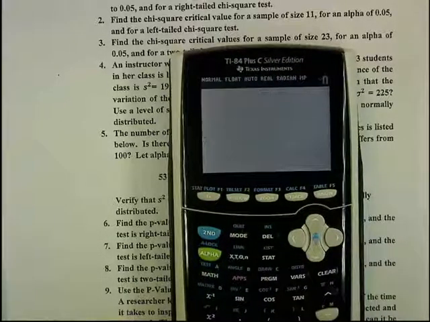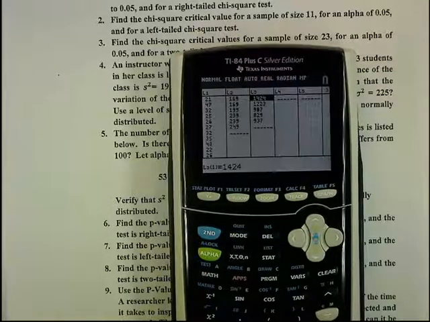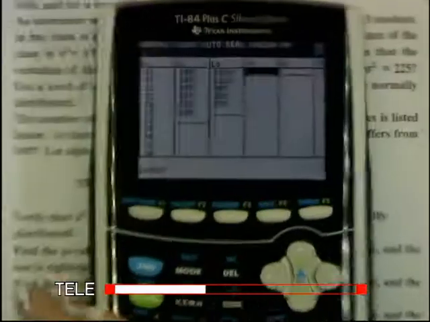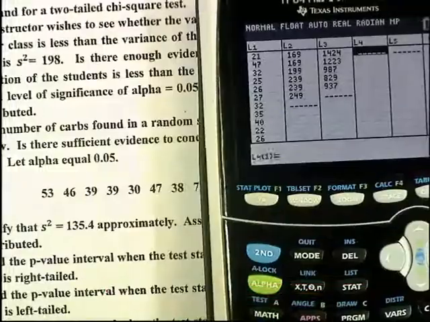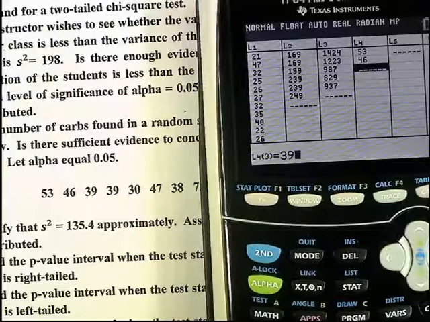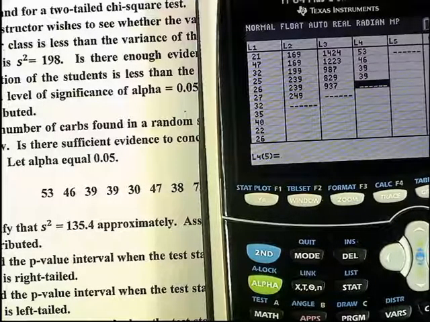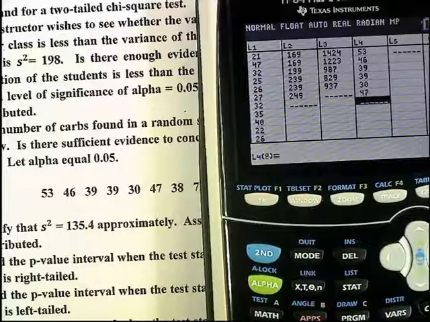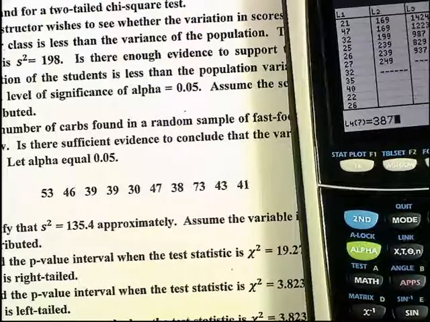Stat, edit. And you can see that I have data in all of my columns. I'll just go to column L4 to put in these values. 53, 46, 39, 39, 30, 47, 38, 73, 43, and 41.